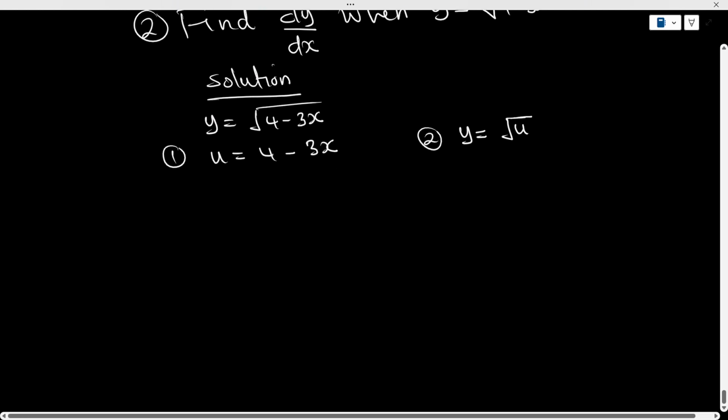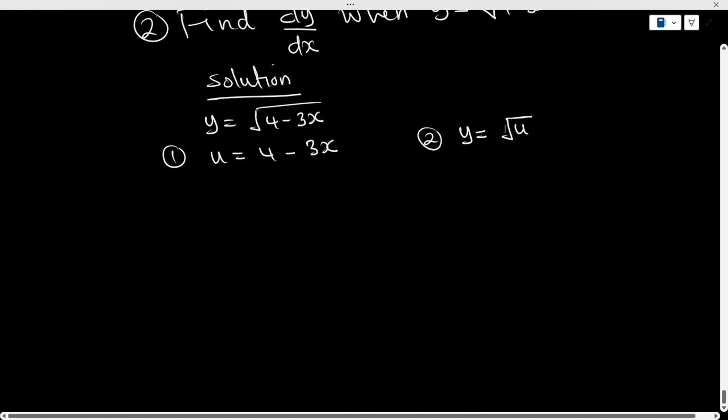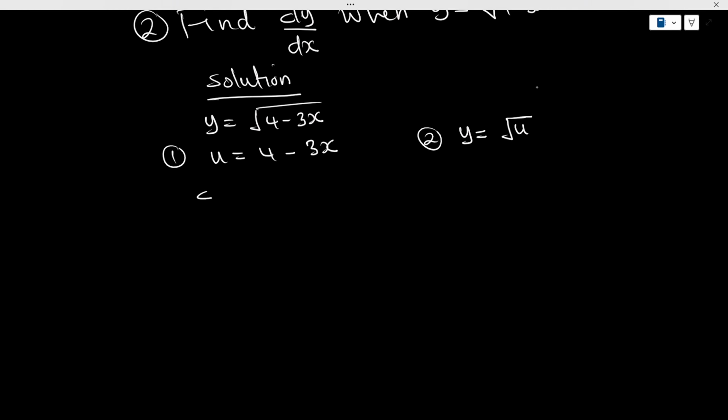Then we can find the derivative of u with respect to x, and then the derivative of y with respect to u, and then we can multiply those two and find the right answer. So du with respect to x should be negative 3 times 1, which is just negative 3.